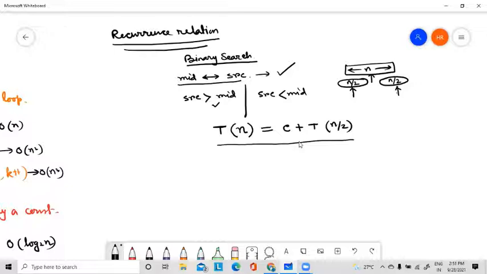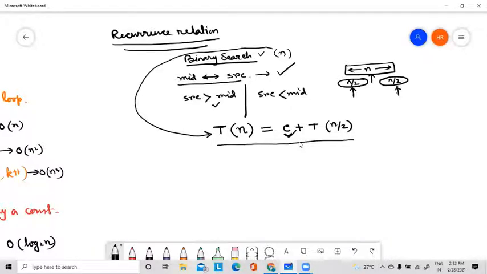Now how do we solve this recurrence relation? Again, for binary search, for searching a particular element among n elements, the time required is T(n). To do that, I have compared with the mid element, so the time required for the mid element comparison is done. Now, after this comparison, your total array is divided into two parts.